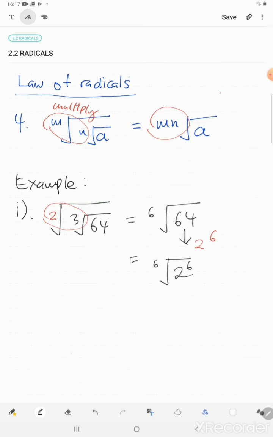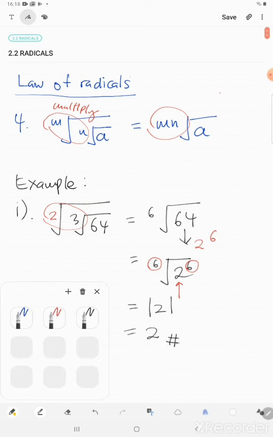Here we have the even number 6 and 6, so the answer will be the absolute value of 2. The answer is 2. I just want to show that when we have two roots in the same question, you just multiply.